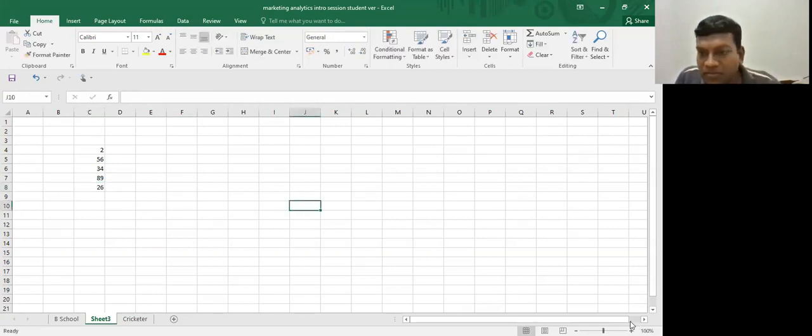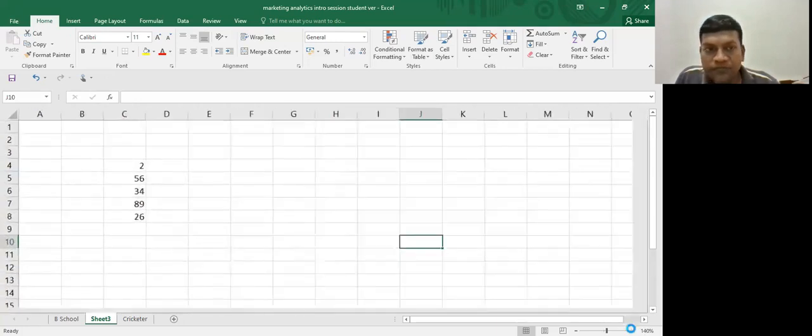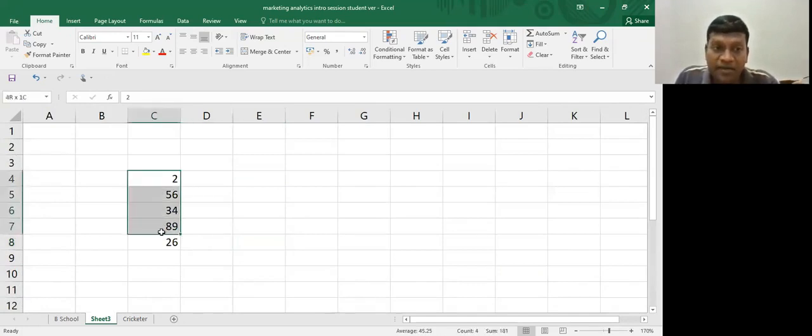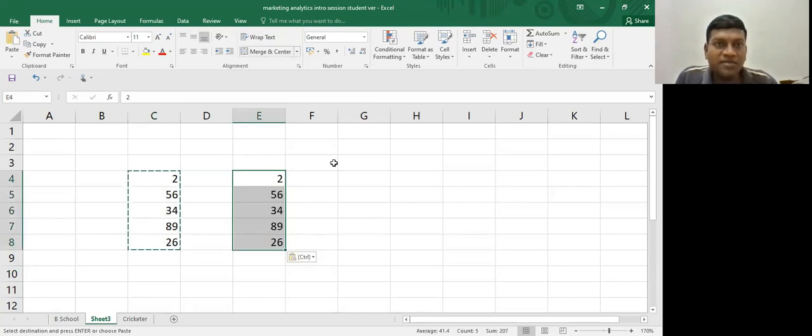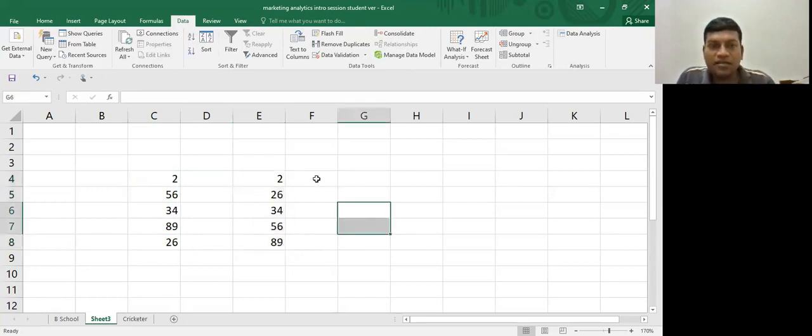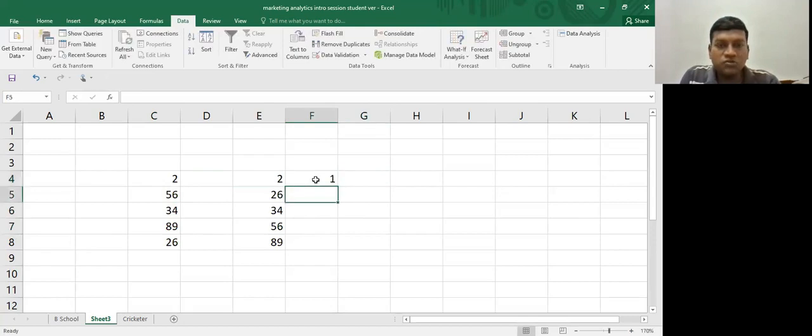So this is the data set I have, 5 numbers in this data set. How do I find the median of this? I simply copy and sort it. There are 1, 2, 3, 4, 5 numbers.